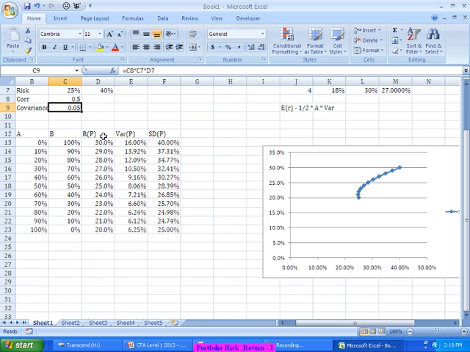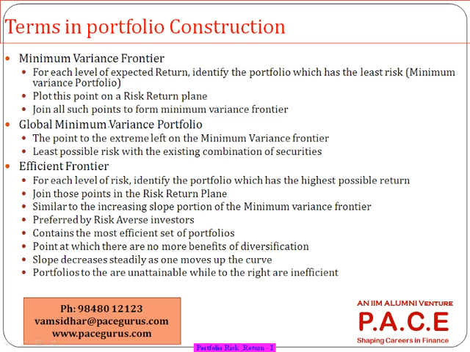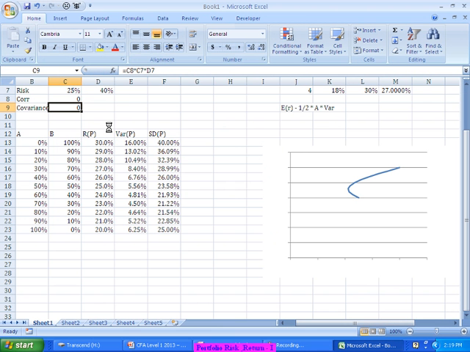Or if the correlation is 0, the curve is even more prominent. This particular curve that comes out when you plot a graph between the standard deviations of the portfolio and the expected returns of the portfolio is what we call the minimum variance frontier. What is that?